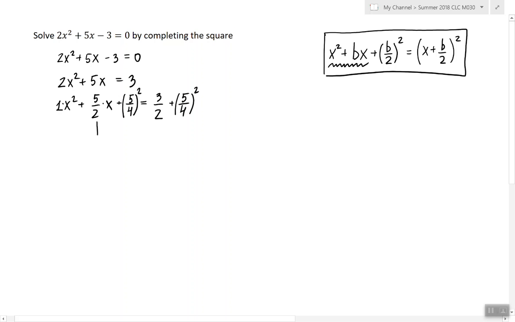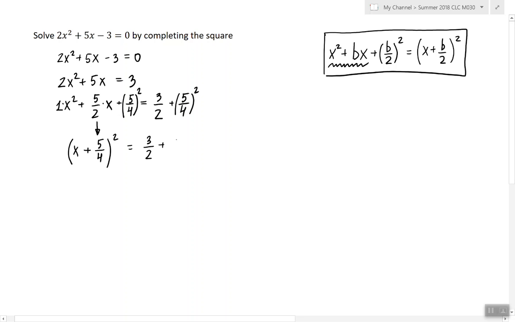Now we know that after we completed the square, the left side automatically becomes this. So we don't have to use any formulas, we just know that this left side becomes this. And the right side is something that we have to work out.